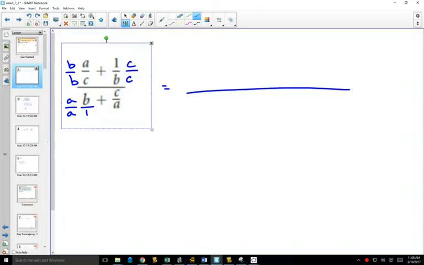So now that I have a common denominator on the top, it's going to be over bc. Adding the top, I'm going to have ab plus c over bc. So notice how my top fraction, I made the line a little bit shorter than my main fraction line, just so that I could keep track.